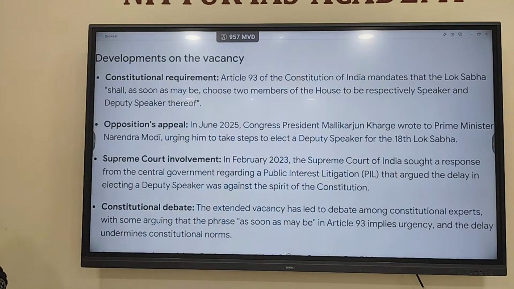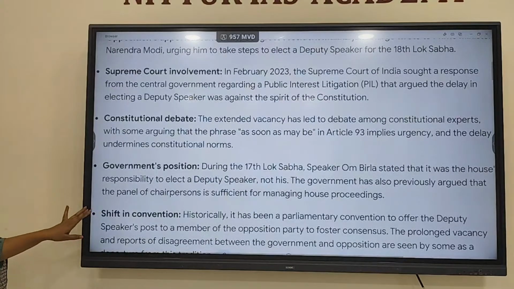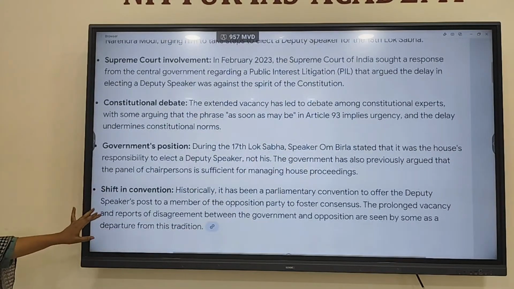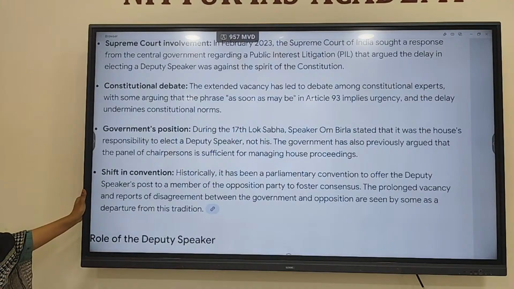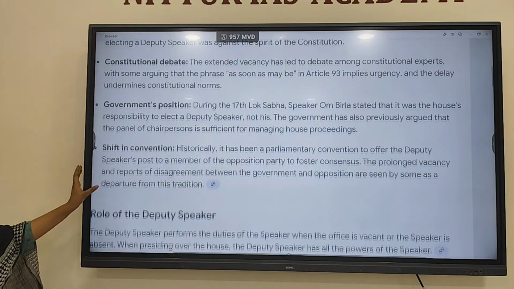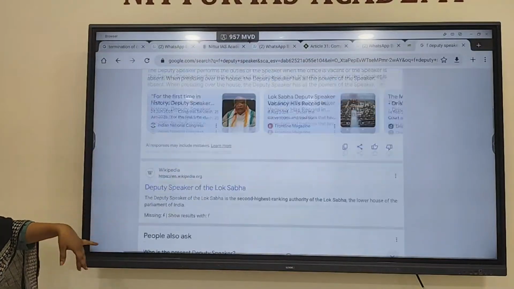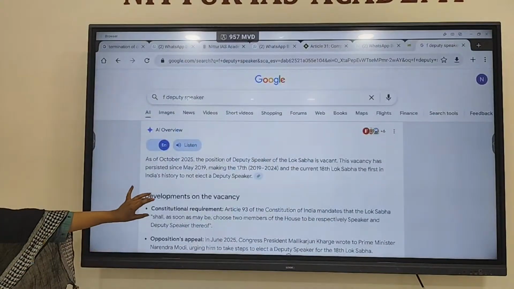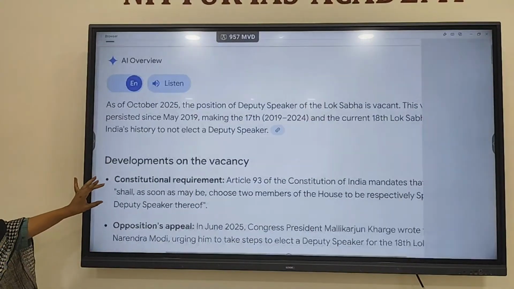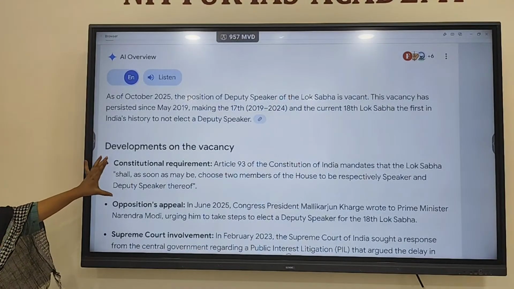Okay, Supreme Court has already given the judgment that if the deputy speaker vacancy is there, it is unconstitutional. Till now none of them has been elected as a deputy speaker. Write down this article 93.